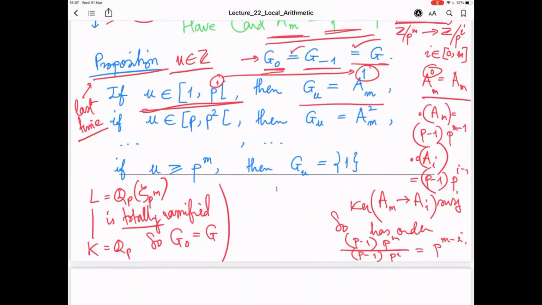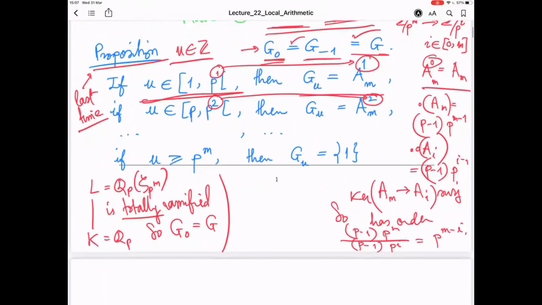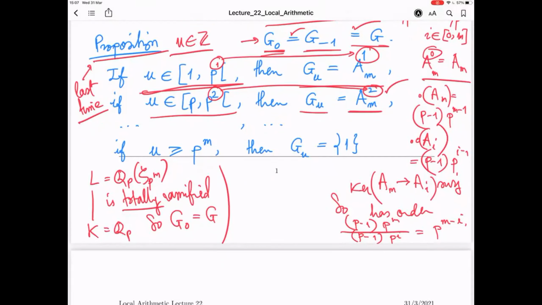Similarly, when u is between p and p^2-1, G_u is equal to A_m^2. And so on. It continues for every i. You can imagine what it's going to be. Let me just write it down: when u is between p^(i-1) and p^i-1, then G_u is, of course, A_m^i.